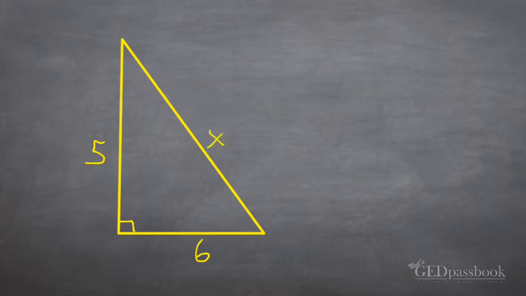Okay, let's say side A, which is where the 5 is at, has a height of 5 feet, and the base over there has a length of 6. What is the distance of the missing side?